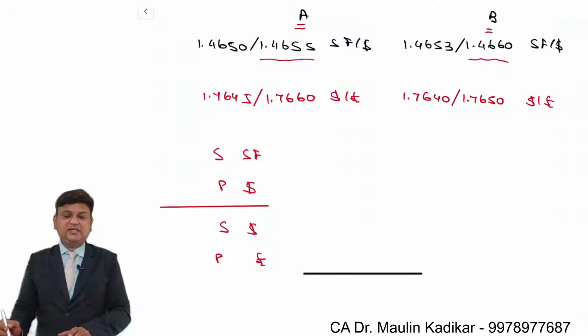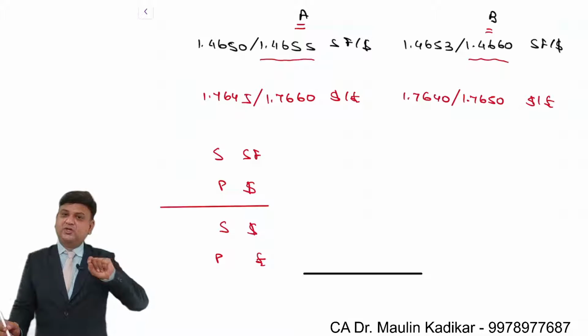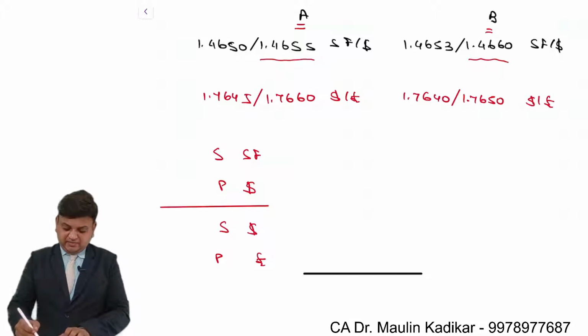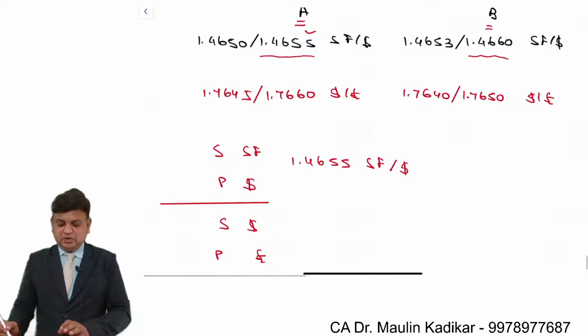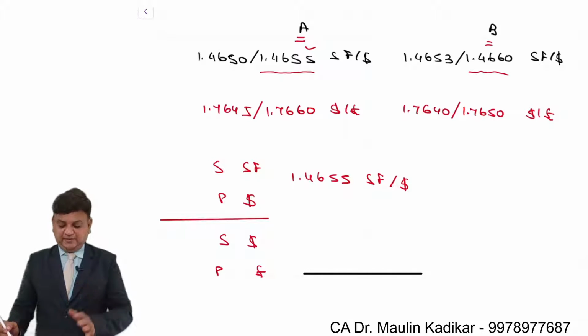And we can see that you can purchase dollar currency at a lower rate from Bank A. So what is the relevant rate? 1.4655 Swiss franc per dollar. So we should buy dollar from Bank A.